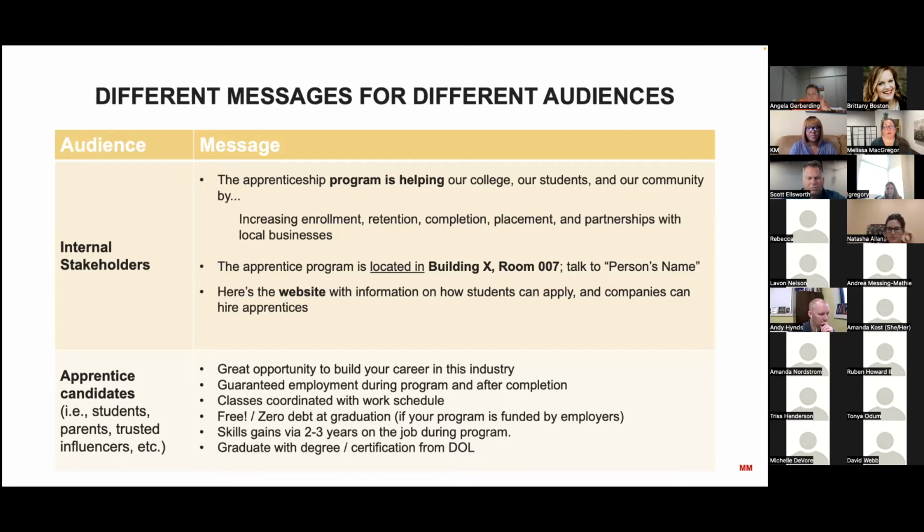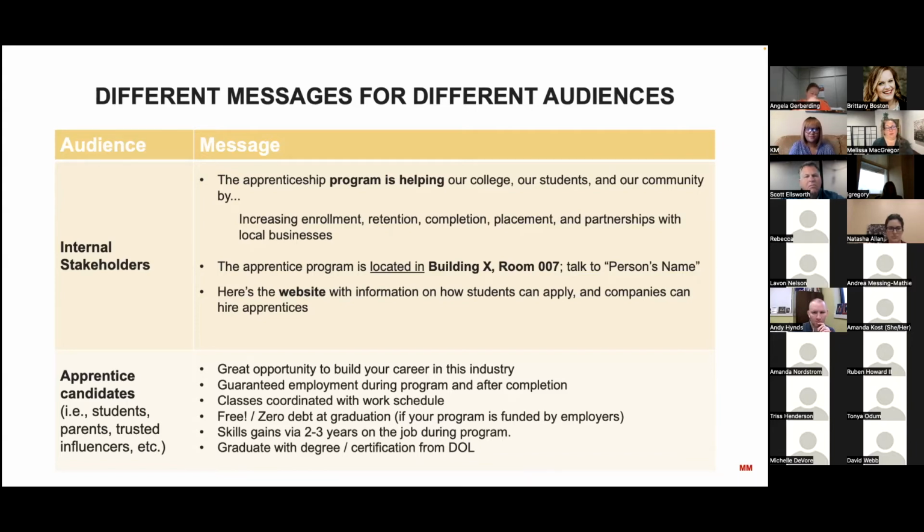That the apprenticeship program exists, where it is, how students can apply. If a candidate for the program is approaching your admissions department, someone in admissions needs to be able to speak intelligently about the apprenticeship program. They need to at least know where to send students or even employers if they happen to be on your campus, where the program is located, who they should talk to, what are the steps to get involved, and point them in the direction where they can find some additional information.